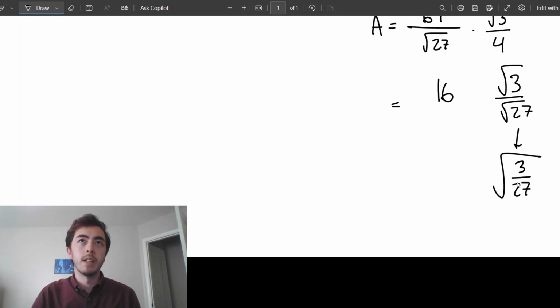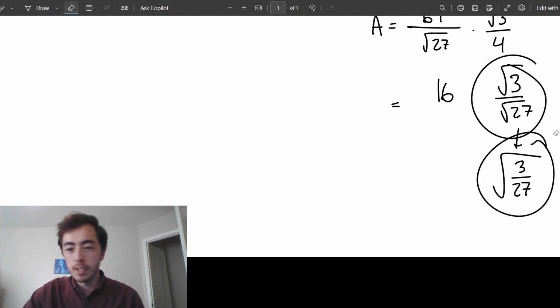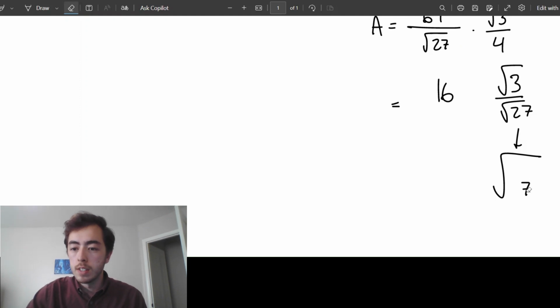You can distribute the root over multiplication or division. And so here, I know that this number and this number are going to be exactly the same, and that does let me simplify the fraction to 1/9.